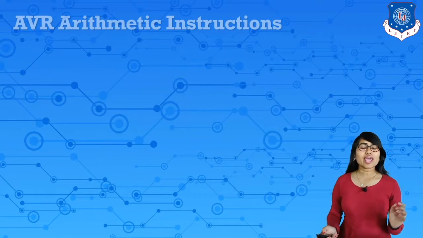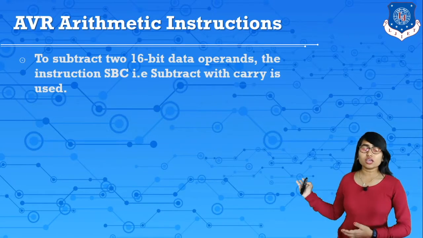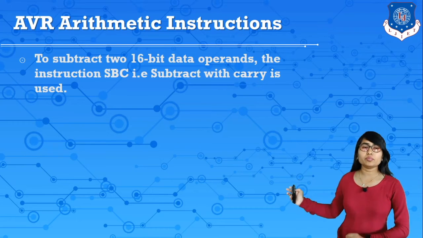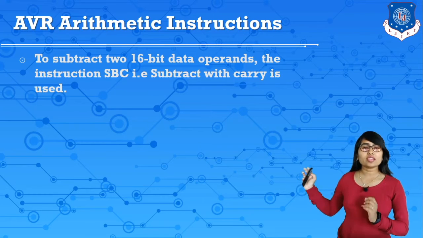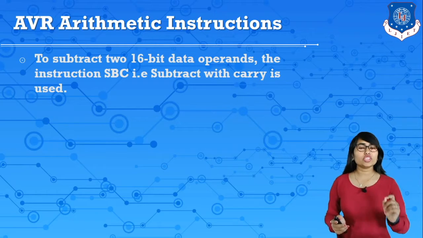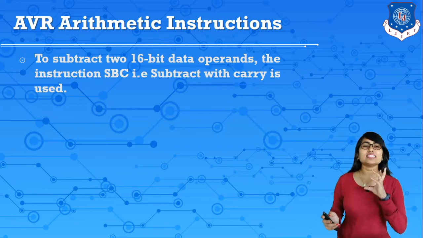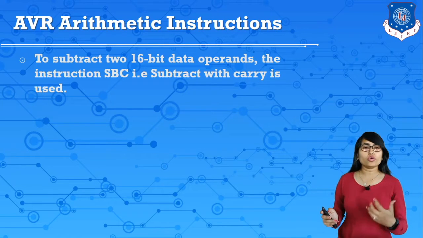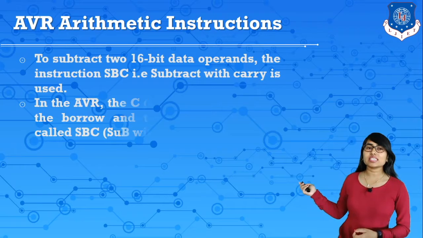To subtract 16-bit data there is another instruction, SBC. To subtract two 16-bit data operands, the instruction SBC, that is subtract with carry, is used. Basically the carry works as a borrow in this SBC instruction.